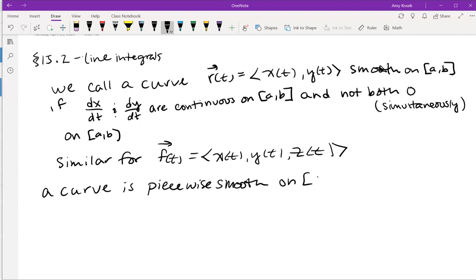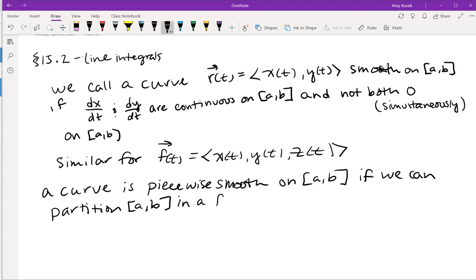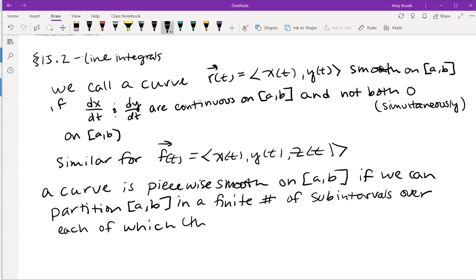It's piecewise smooth on a to b if we can partition a to b into a finite number of subintervals where on each of those subintervals the curve is smooth.